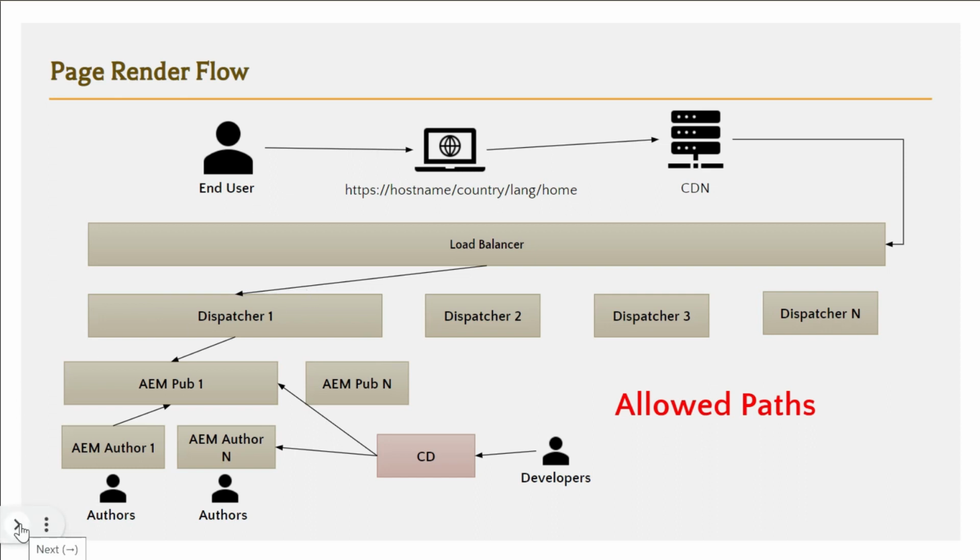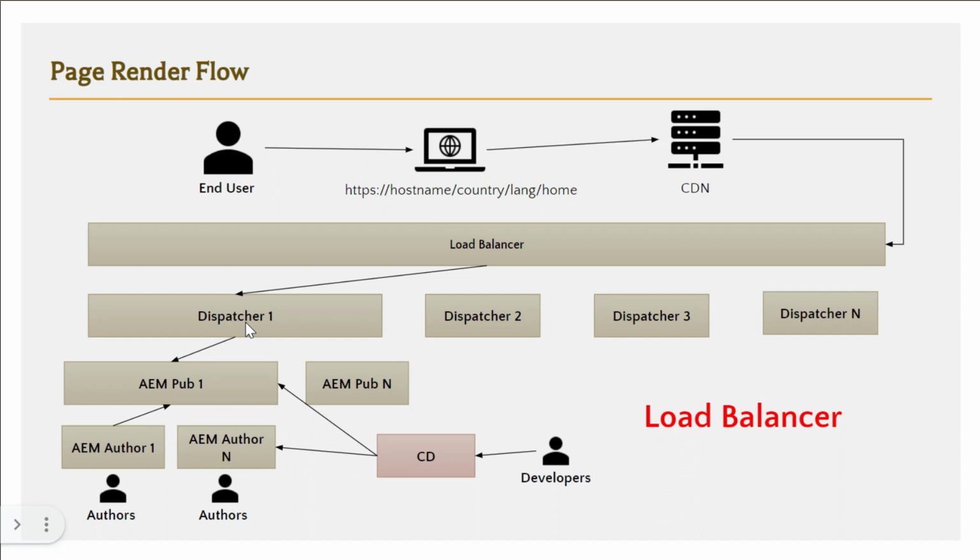Then another purpose of the dispatcher, apart from the allowed paths, is to do load balancing. The load balancer here is an external load balancer like Akamai again, and its purpose is to load balance between the dispatchers. But the dispatcher can also do load balancing, and this time it balances between the publish instances.